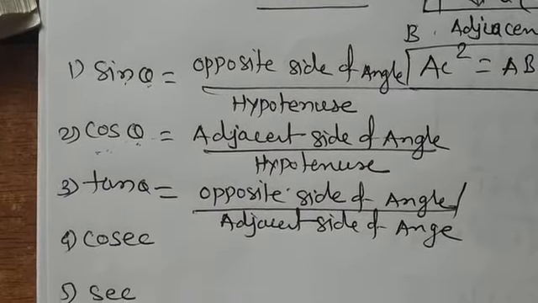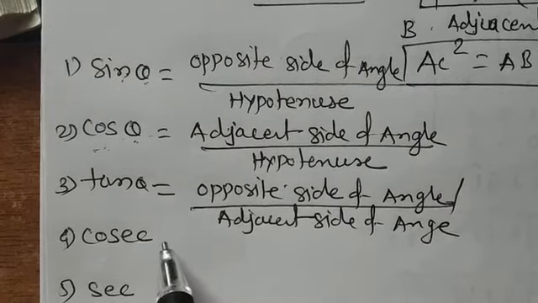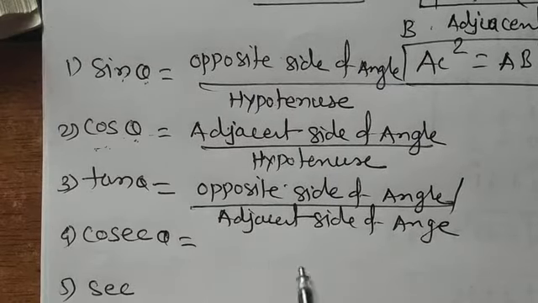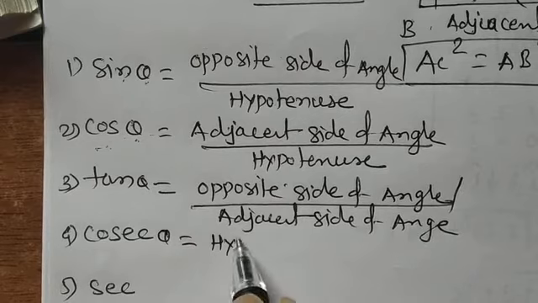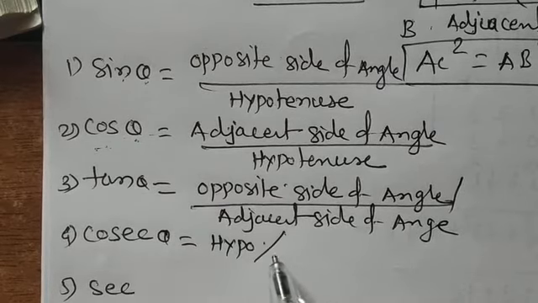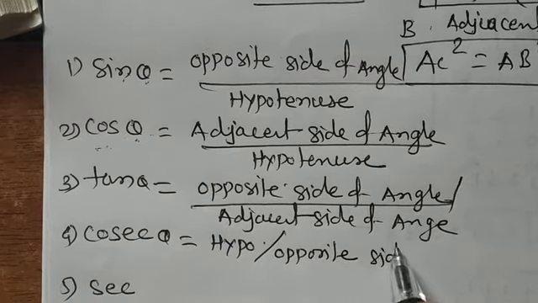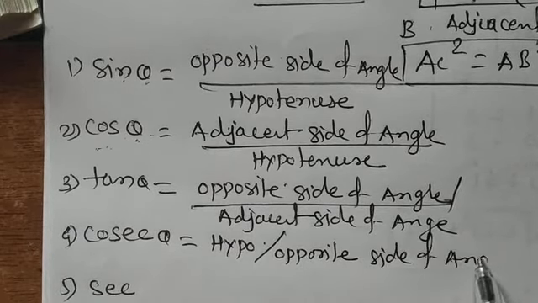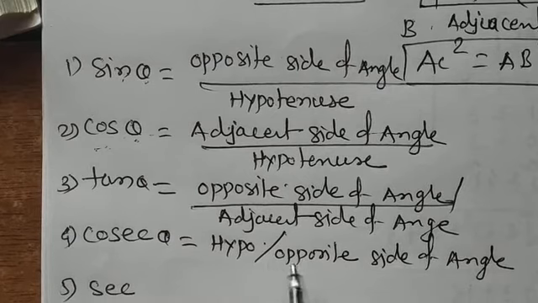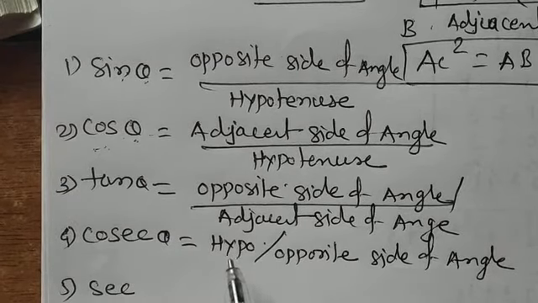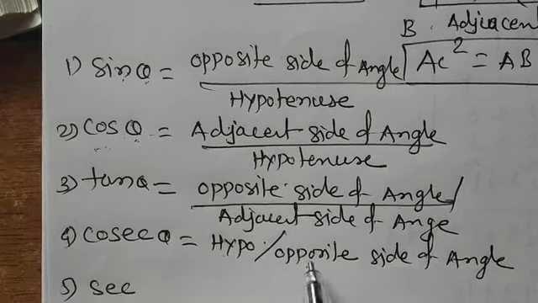Now next is cosec theta. Cosec theta is hypotenuse upon the opposite side of the angle. Now you can check it: hypotenuse upon opposite or opposite upon hypotenuse.